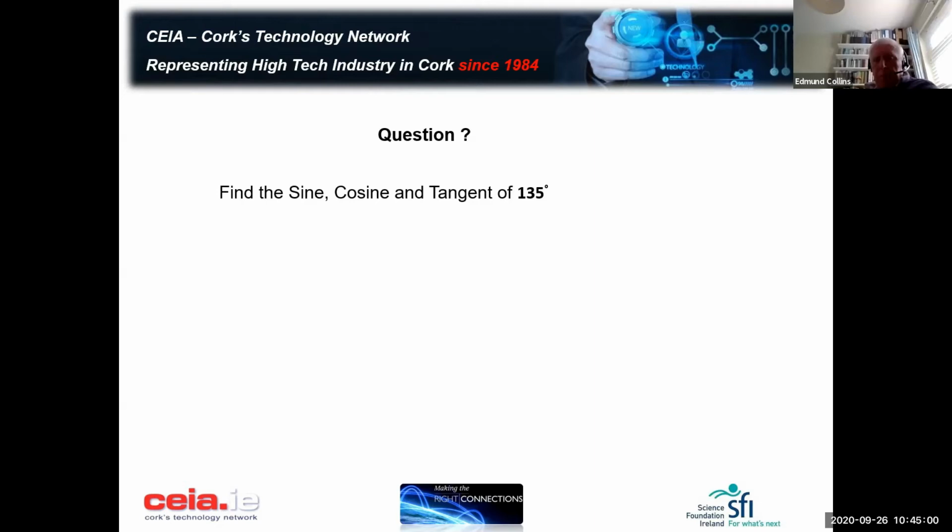It's 180 degrees minus the angle. So just think about that, and then think about the axis as well, the ACTS, and going from the first to the fourth and so on around clockwise.